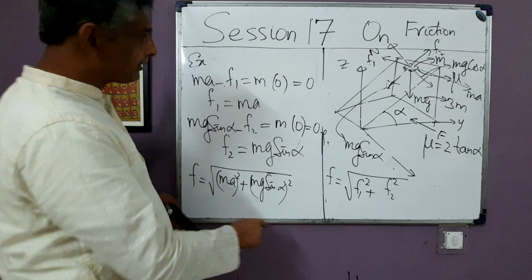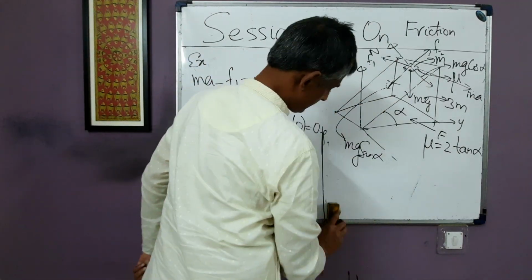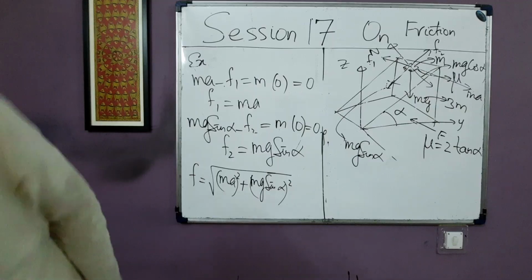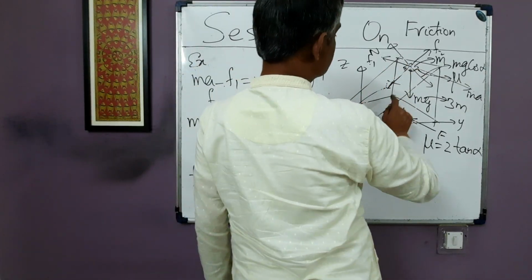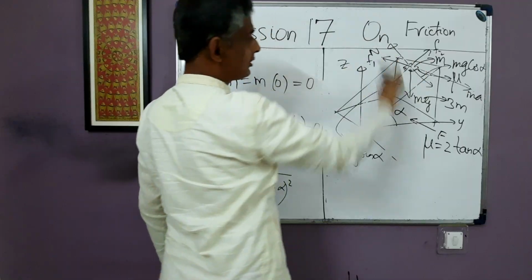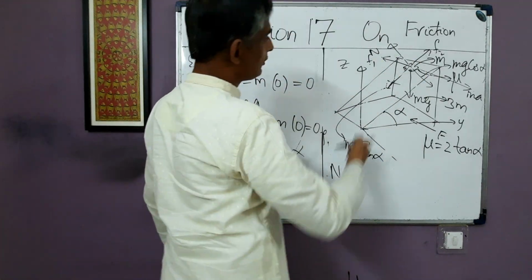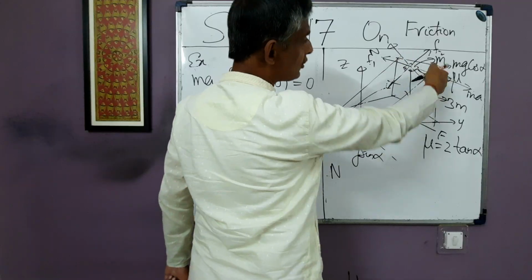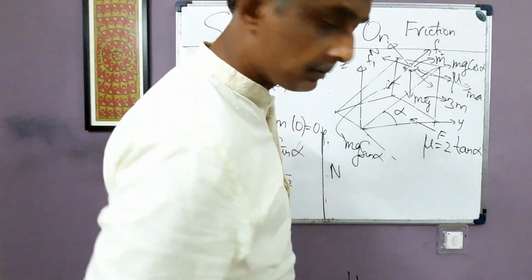But before, what I'll do, I find this normal reaction N. Now what is the normal force N on the block due to wedge? See, I apply Newton's second law to block with respect to wedge in this direction, along direction of N. So what do I get? Only forces along the line of motion of N are N and Mg cos alpha. And remaining forces are at right angles, so they have no component. Fine. So what do we write?